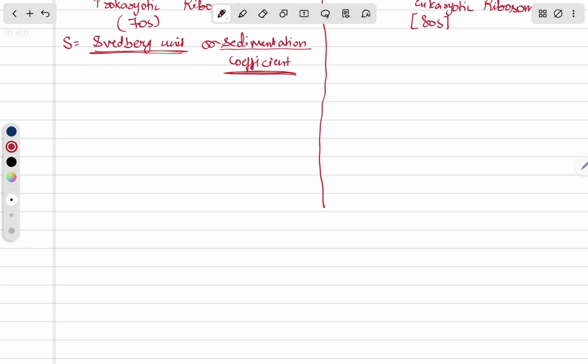So, basically, it is indirectly a measure of density and size. So that is about S, the unit of ribosome, which is Svedberg unit or sedimentation coefficient, right?